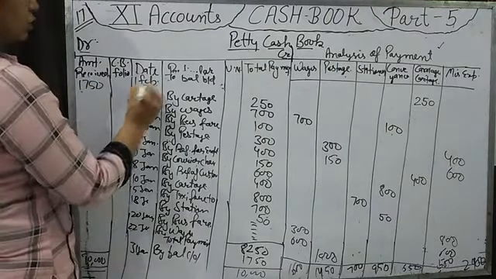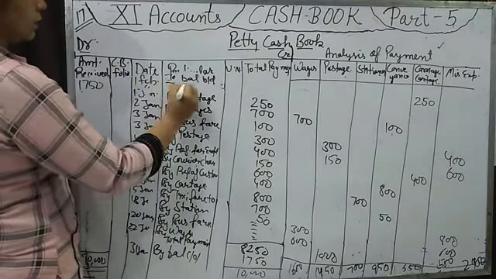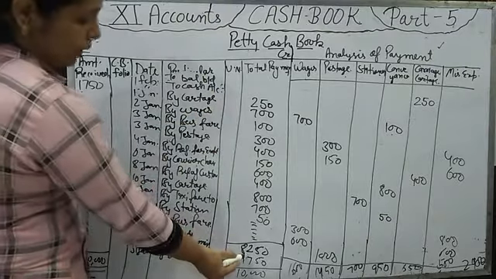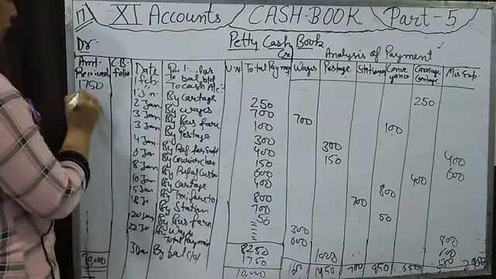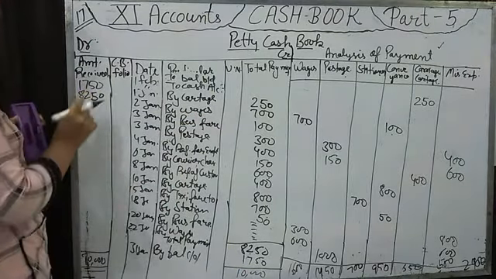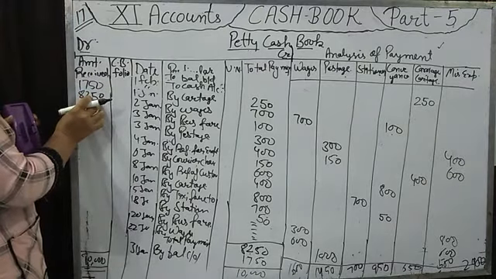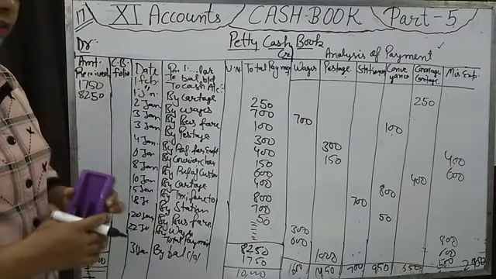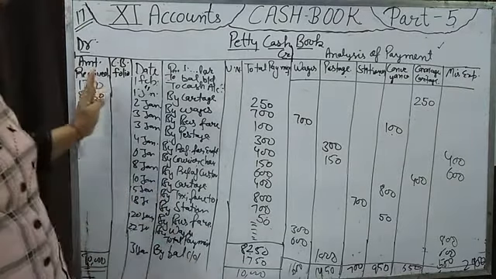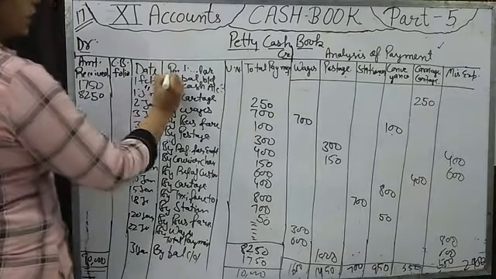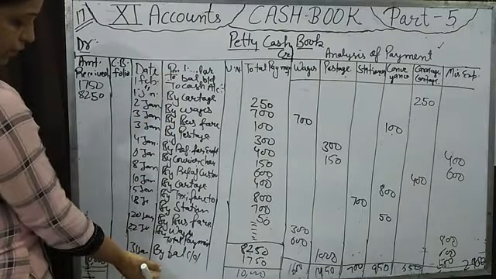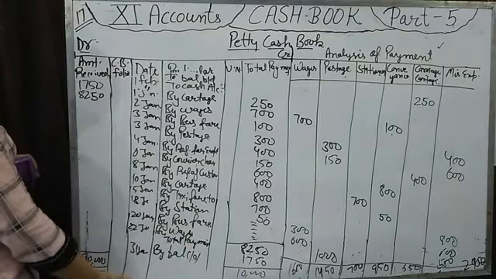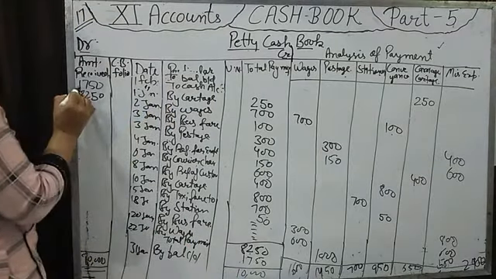Now again on 1st Feb we will receive to cash account the amount that we have paid last month, 8250. Okay, now again total amount we have at the starting of next month, 1st Feb, is rupees 10,000. You can write at the end of this when you find out the balance brought down, then on 1st Feb you can write that balance BD is 1750.